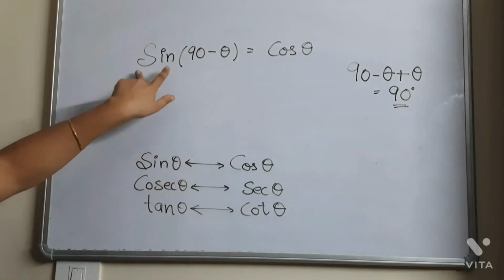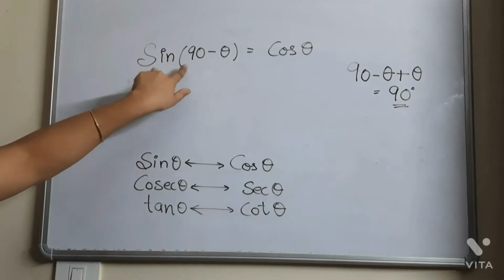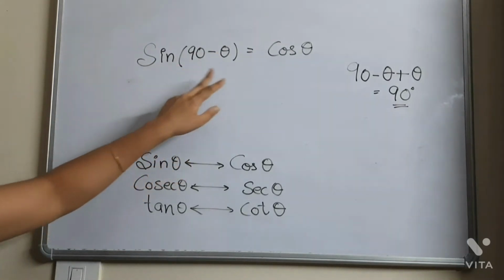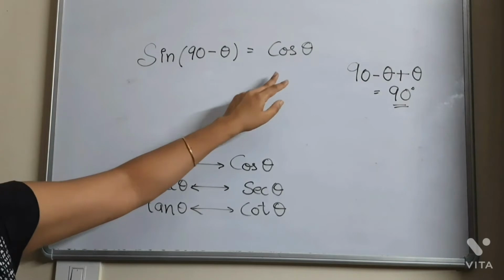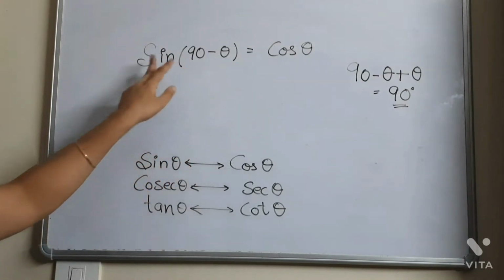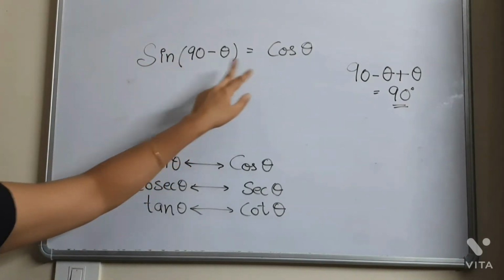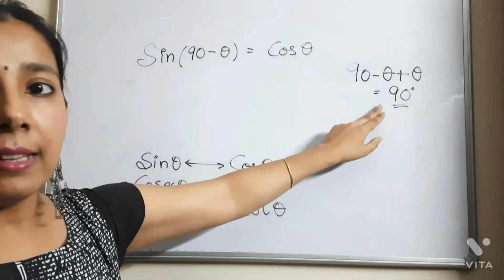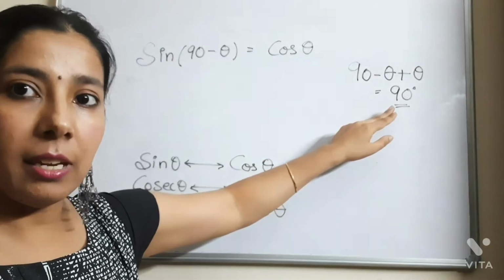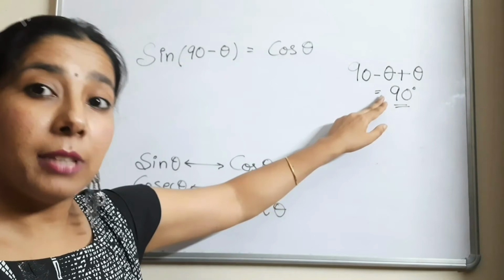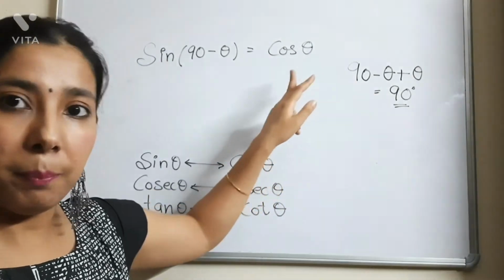So the sin ratio and the cos ratio are complementary pairs. That is why they make complementary pairs, because the angles with these ratios make the sum 90 degrees, and angles that make the sum 90 degrees are known as complementary angles. So that is why they are termed complementary pairs.